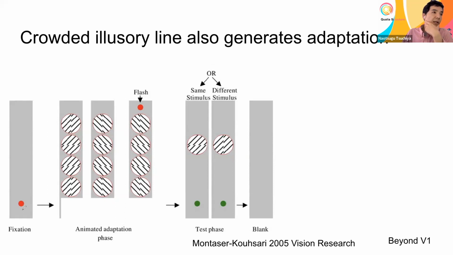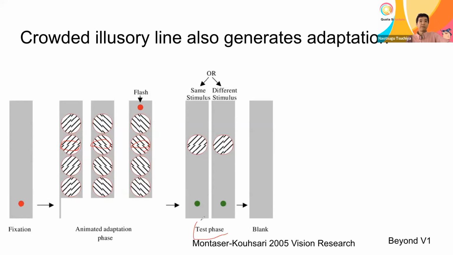After the fixation cross here, they adapted to this horizontal orientation over 1 minute while flashing the other part of the stimulus so that no afterimage is generated.